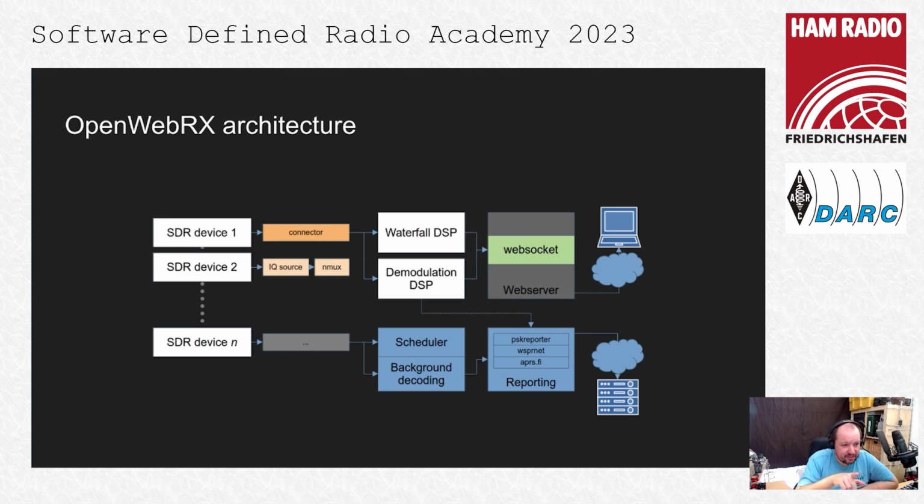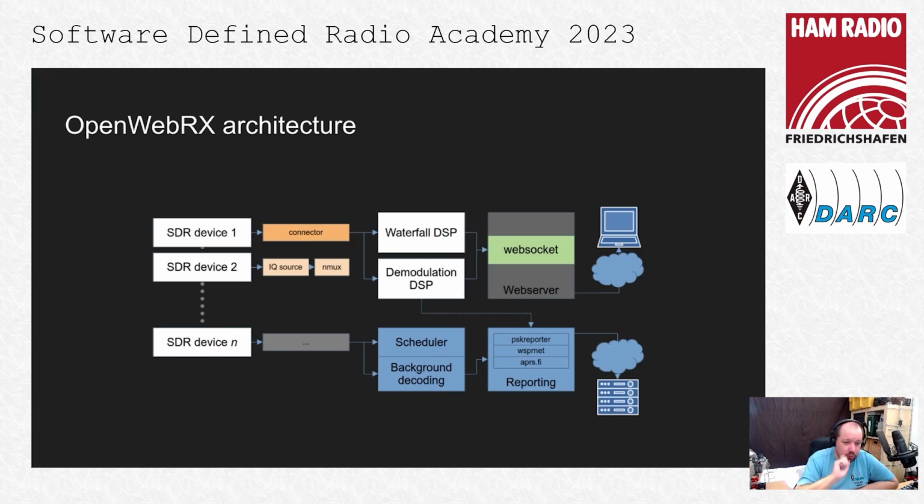The data then passes through either a connector or a classical IQ source that is hardware dependent, and then the NMUX TCP distribution. Doesn't matter. Both of these are pretty much equivalent as far as function goes. Then we're splitting up the path.